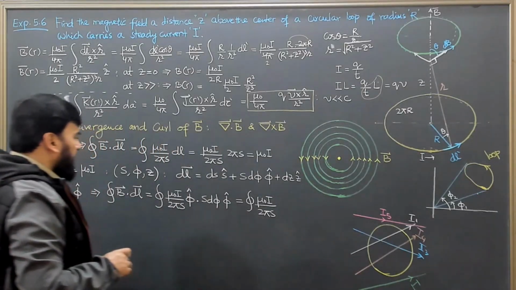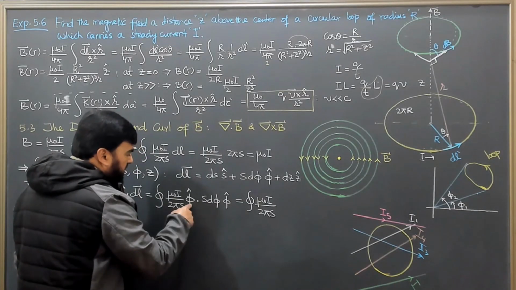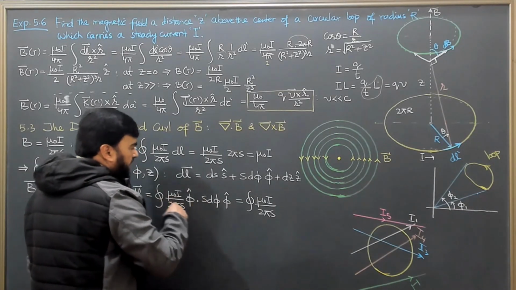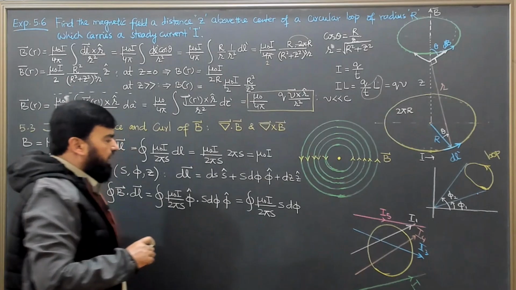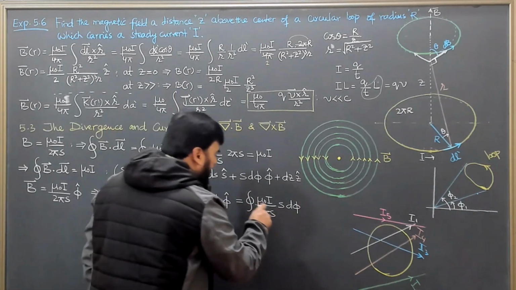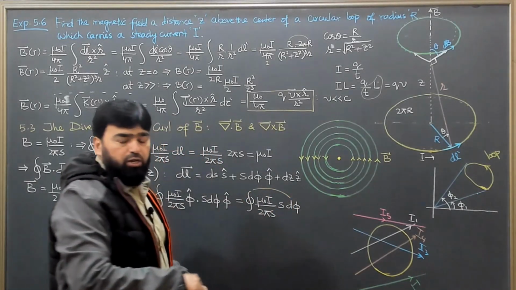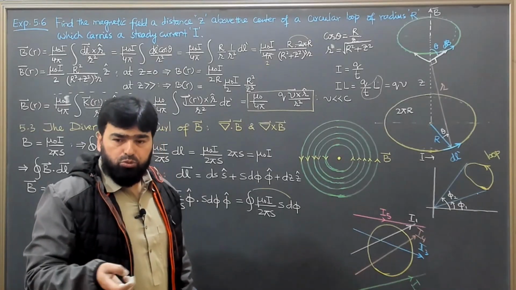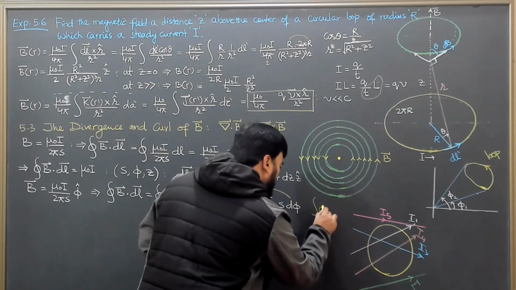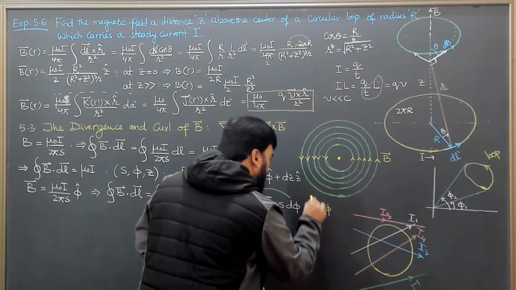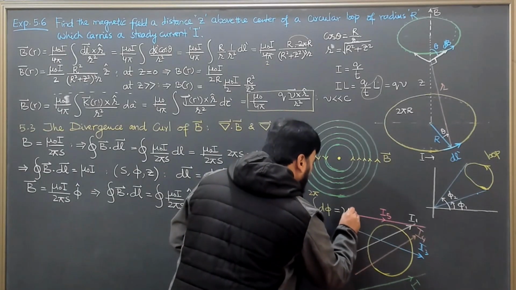And what about this one? The phi unit vector will become 1, and s will be here, and then d phi. So s and d phi. Now, this d phi, when you integrate on a whole loop, will run from 0 to 2 pi, and then it will give you 2 pi here.